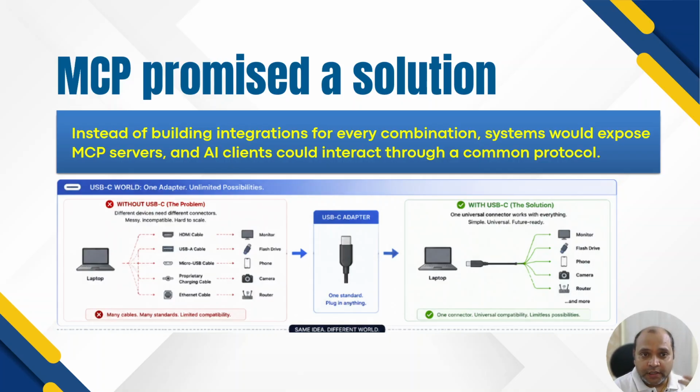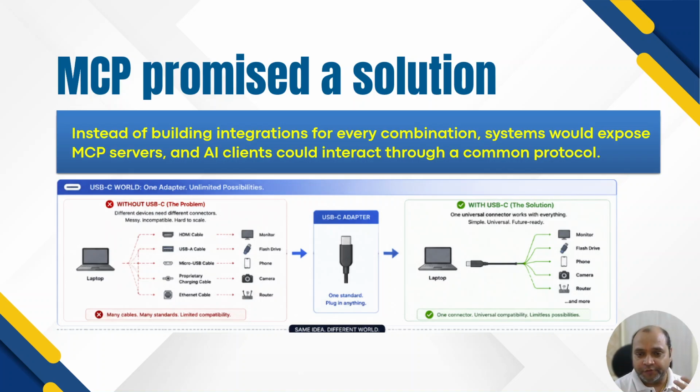This was a really big change. Instead of building integration for every combination, a system would expose an MCP server and the AI client could interact through a common protocol. In this way, you don't need to build a cross multiplication. That problem was really resolved by MCP.